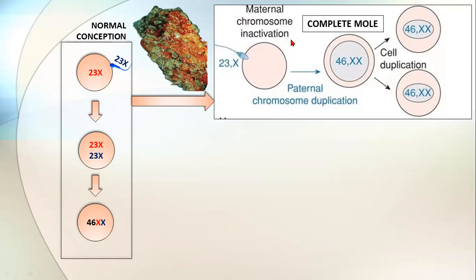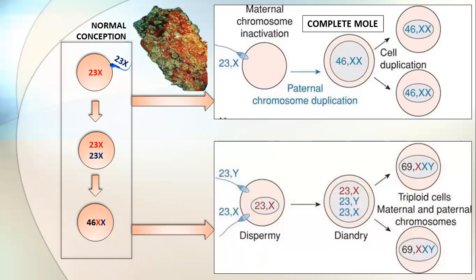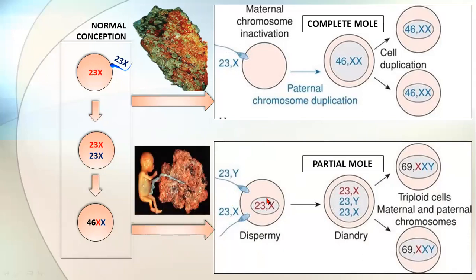The other condition is this: here only one haploid sperm is fusing with the inactive egg. Sometimes there may be two sperms, that is 23X and 23Y, which fuse with the egg of 23X. It results in a triploid condition of 69 XXY. Because of the involvement of the sperm and the egg, there is formation of the fetus.